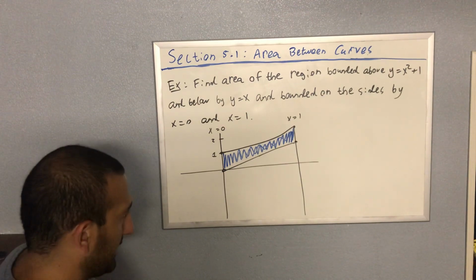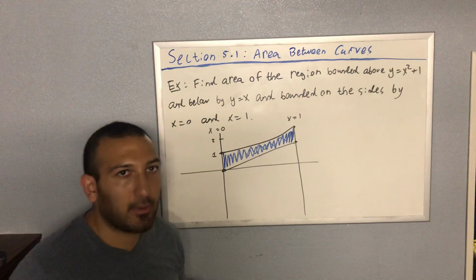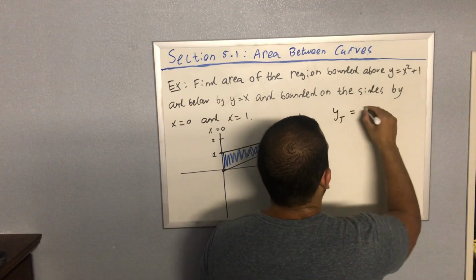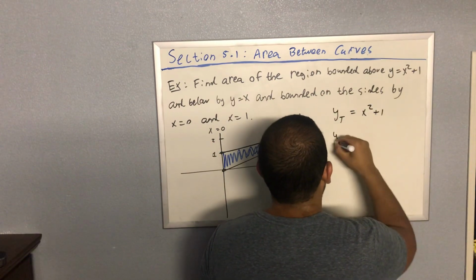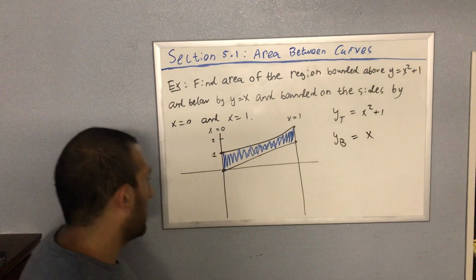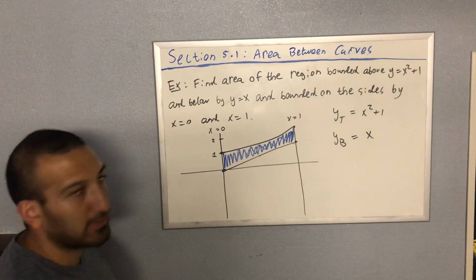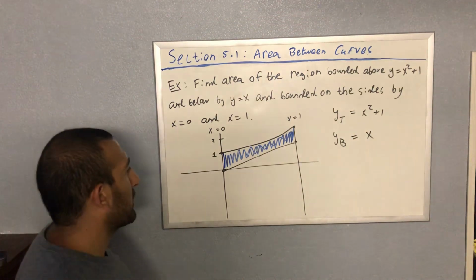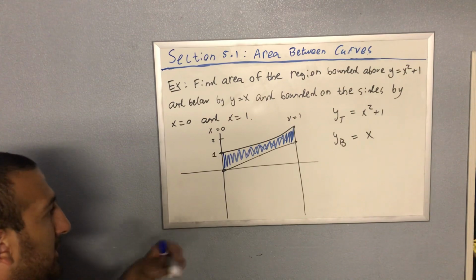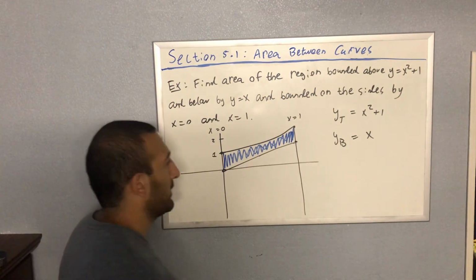Okay? Now, we should identify what the y top and the y bottom are. So y top is x squared plus 1, and y bottom is just x. So we're in business now. We can definitely calculate this area using the formula that we have. Now, before I erase this, let's just set up what the integral should be, and then we'll work it out.